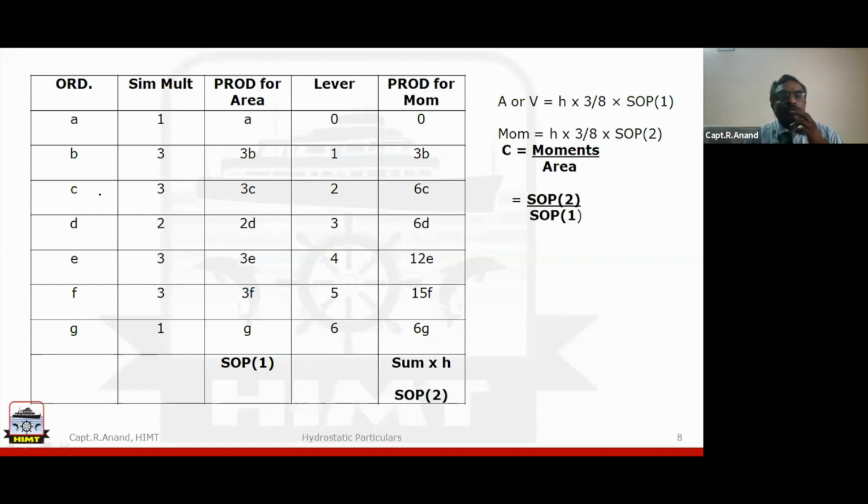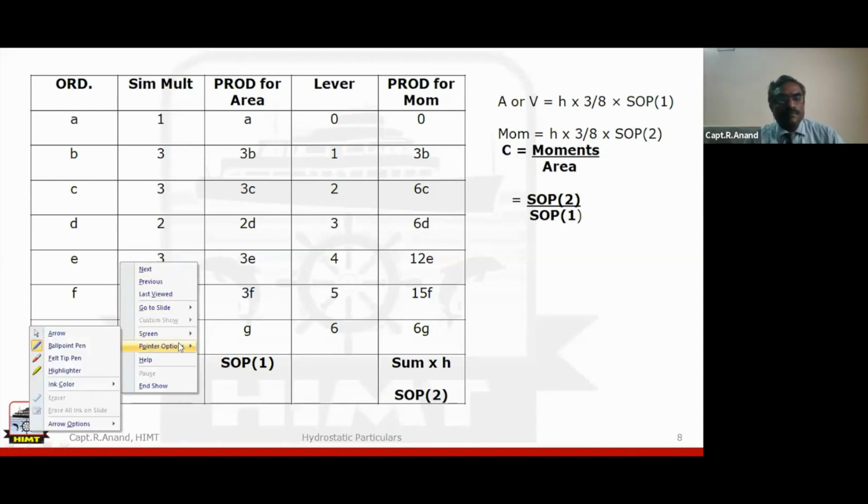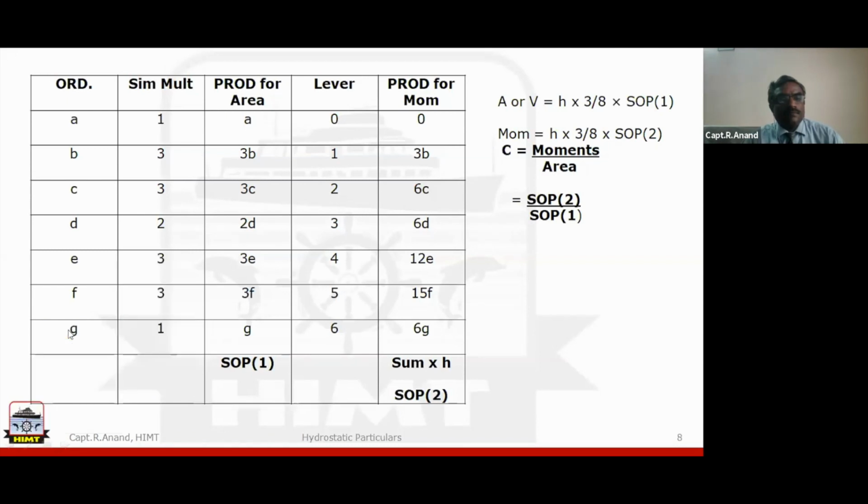Okay, what I have shown here is, in case I'm using rule number 2, then it becomes Simpson's multipliers 1331 overlap 1332.